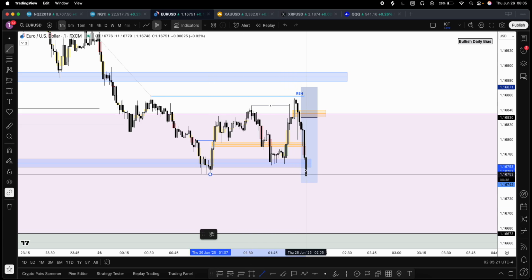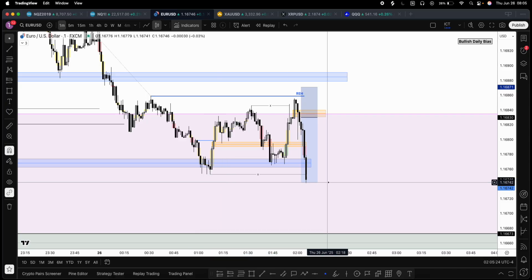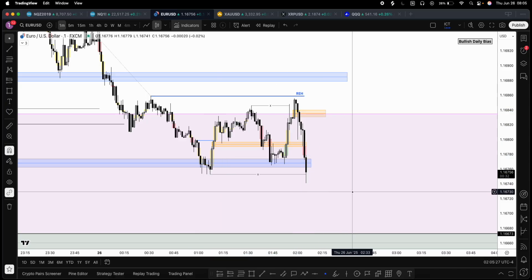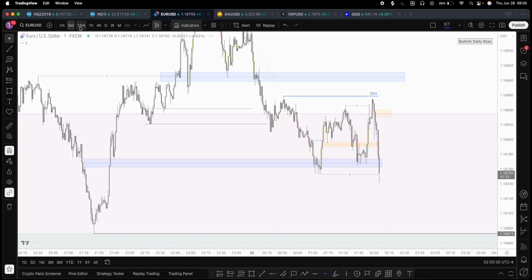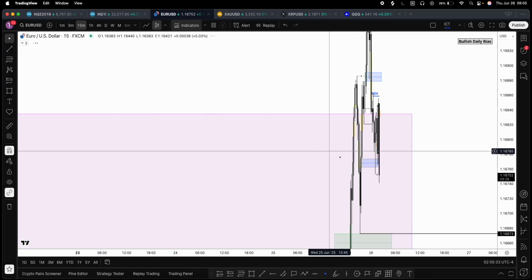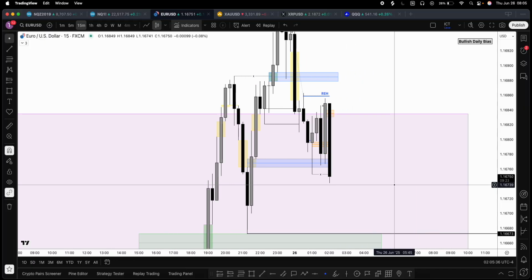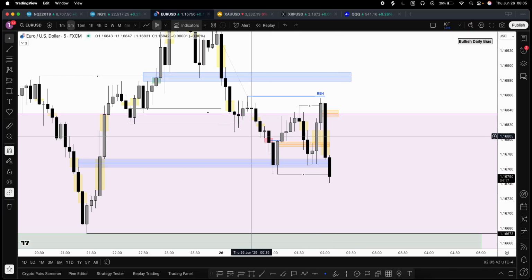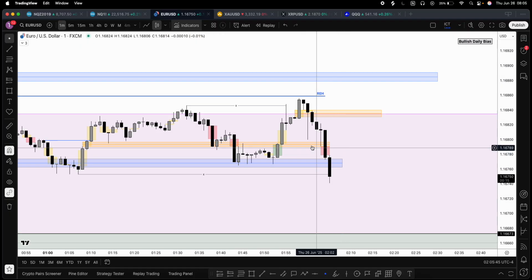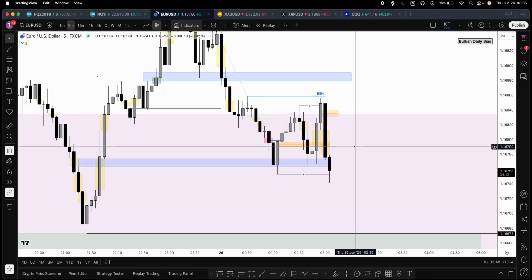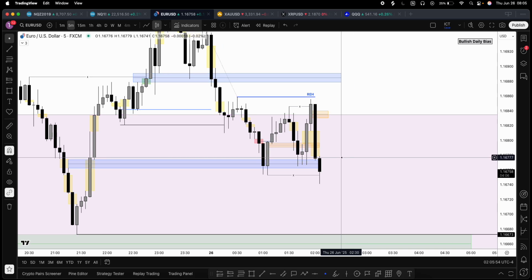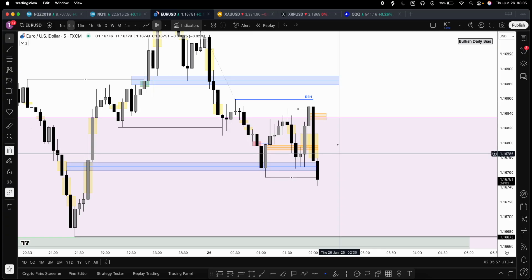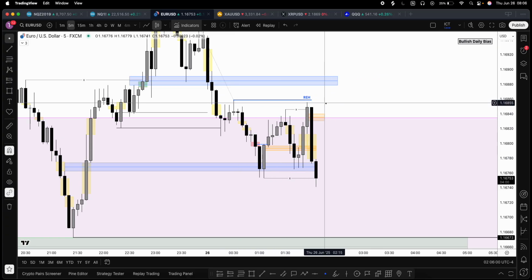Swept this along. That's a pretty clean 5-minute entry model, but again, we've got these relative equal highs here, so we don't want to put our stop above there.